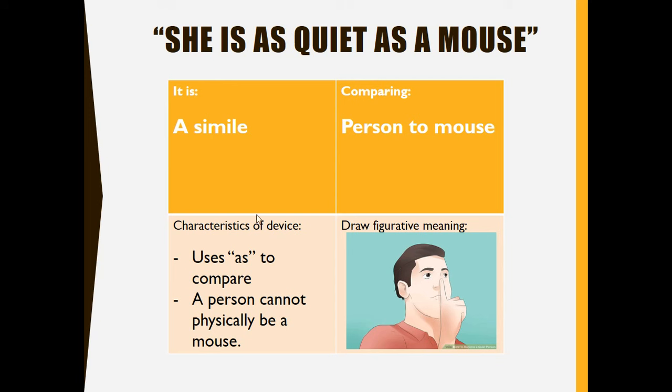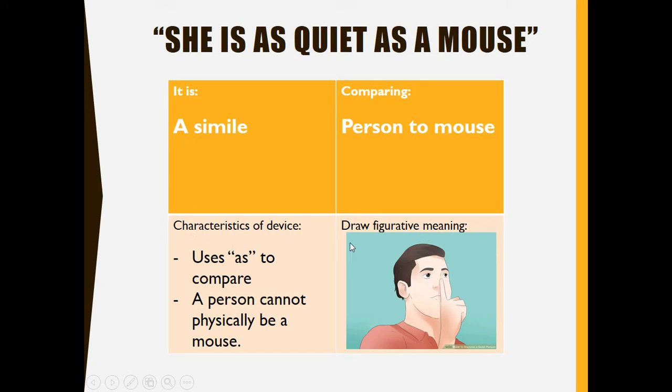So overall, in this section, you would be writing if the figurative language is a simile or a metaphor. In the section of comparing, you would be writing what is being compared. In the section of characteristics of device, you would be writing what makes it a simile, or if this is a metaphor, what makes it a metaphor.